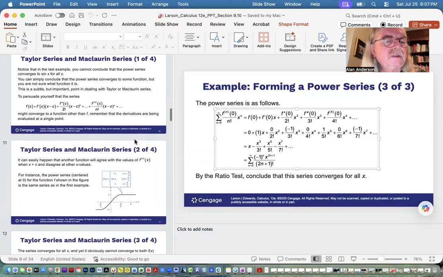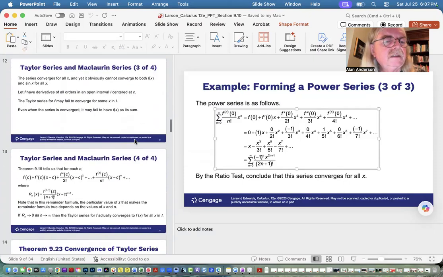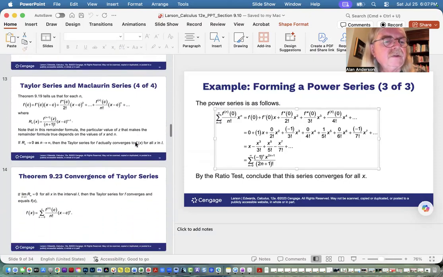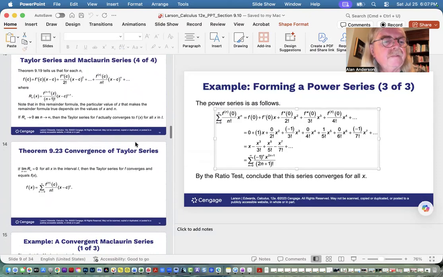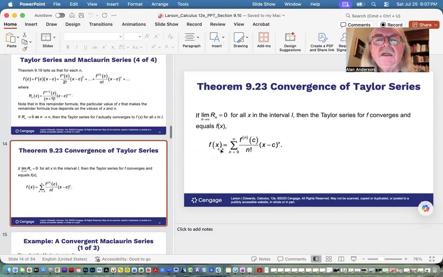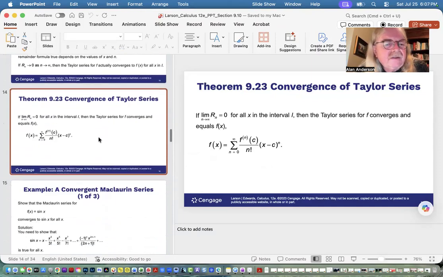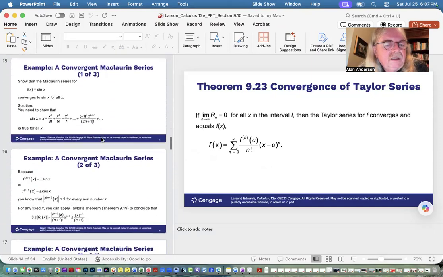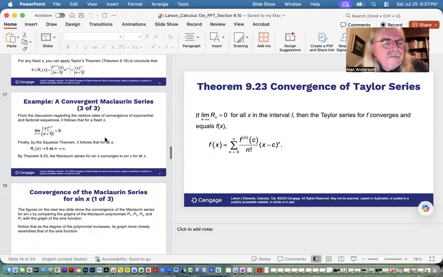Okay, so what else do we need to know? If the limit of Rn equals 0 for all x in the interval, the radius, the Taylor series converges and equals f of x. Okay.